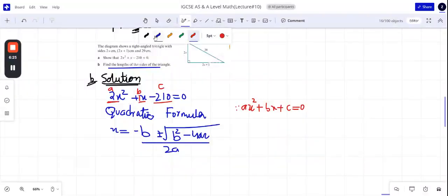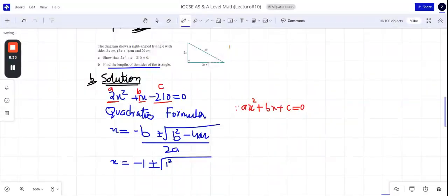Let's substitute the values in the formula: x equals minus 1 plus minus root of 1 squared minus 4, where a is 2 and c is minus 210, divided by 2 times 2.